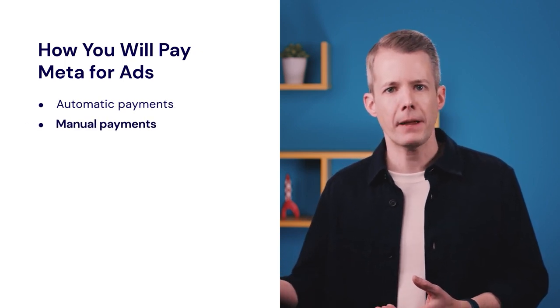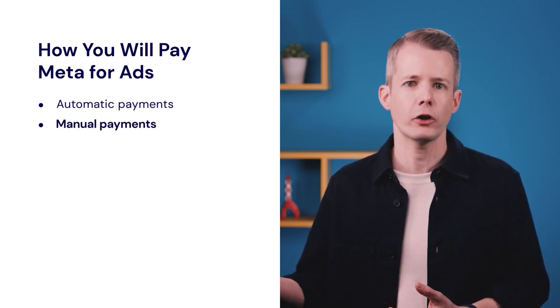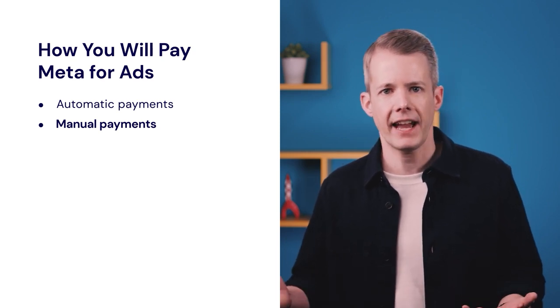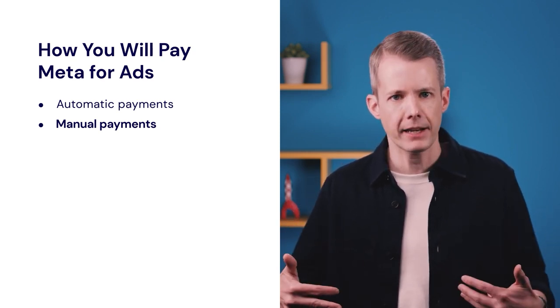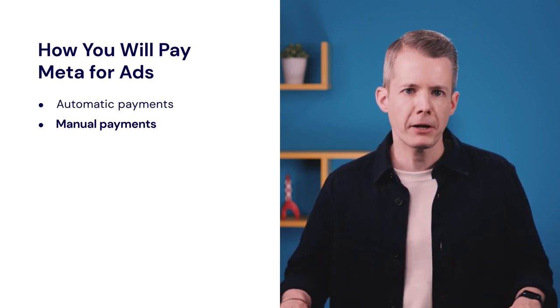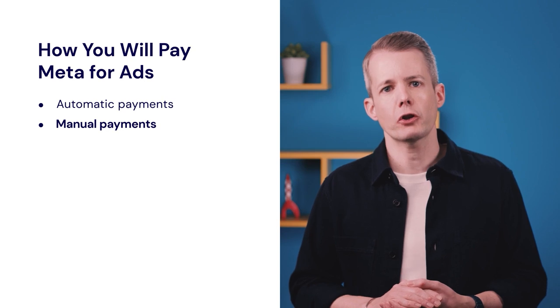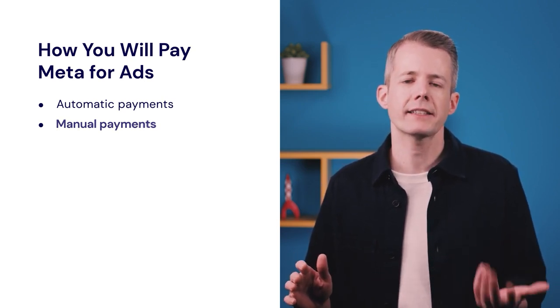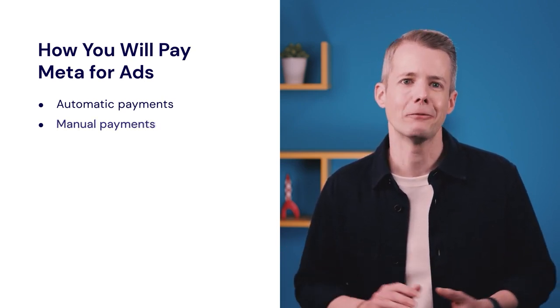You'll be charged each time you hit your billing threshold and again on a monthly bill date for any leftover charges. You can also pay via manual payments. With manual payments, you'll preload money to your account before your ads run. And after that, Meta will typically deduct from that amount up to once a day as your ads run. For smaller budgets, Meta may wait until the charges grow to a certain amount or until 7 days pass before they invoice your account.